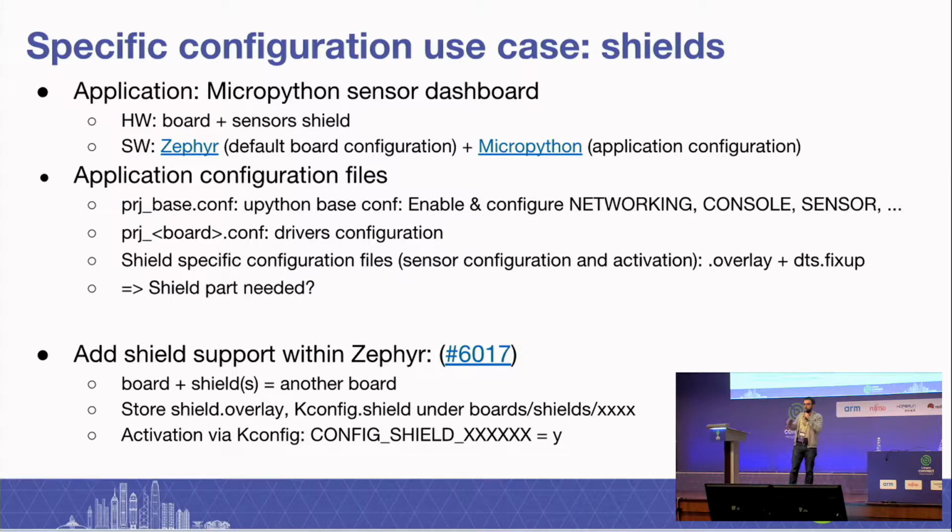For instance, we could store board shield configurations in a shield specific folder with shield overlays, kconfig.shields, and so on, and activate all this configuration with just a kconfig flag.